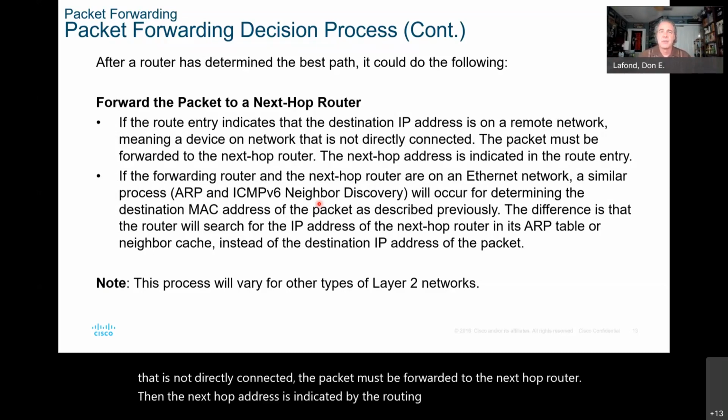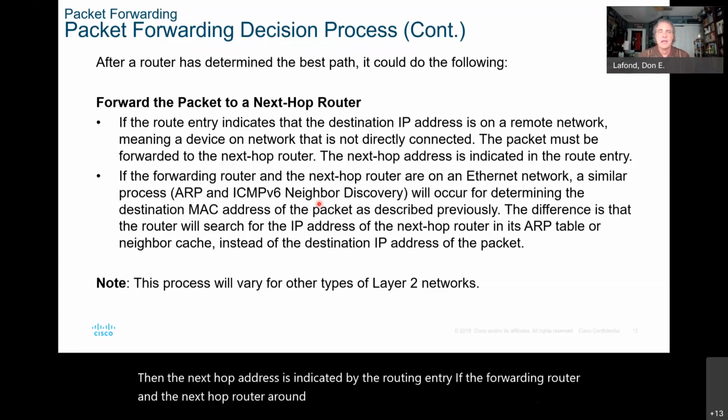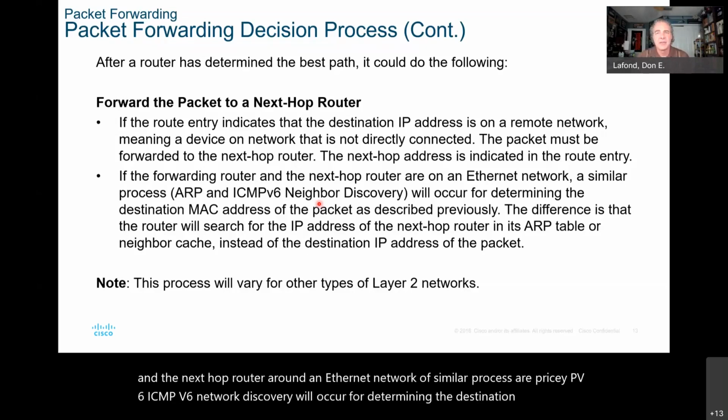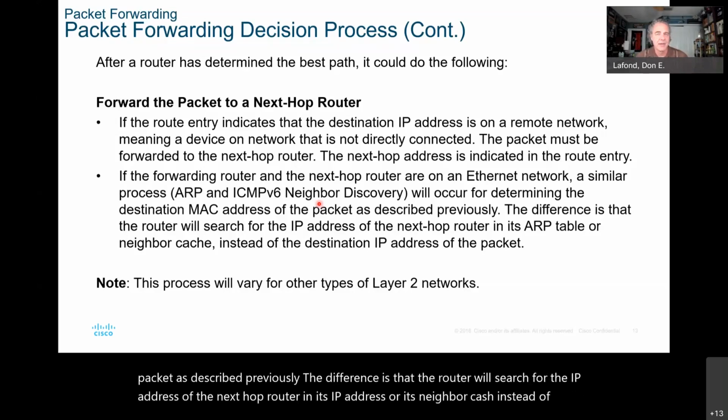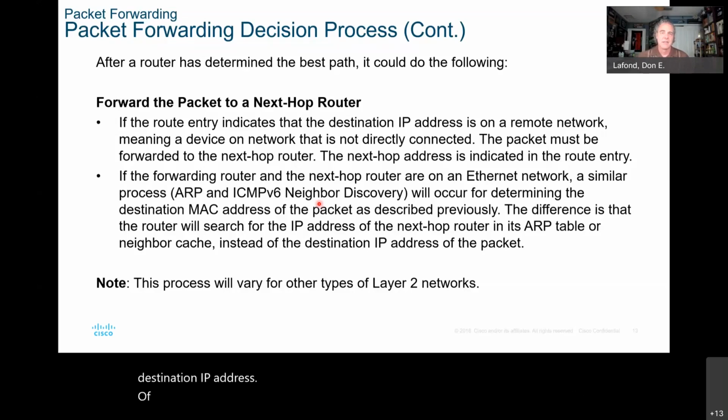If the forwarding router and the next hop router are on an Ethernet network, a similar process, ARP or ICMPv6 network discovery, will occur for determining the destination MAC of the packet as described previously. The difference is that the router will search for the IP address of the next hop router in its ARP table or its neighbor cache instead of the destination IP address of the packet if it's on its own network.